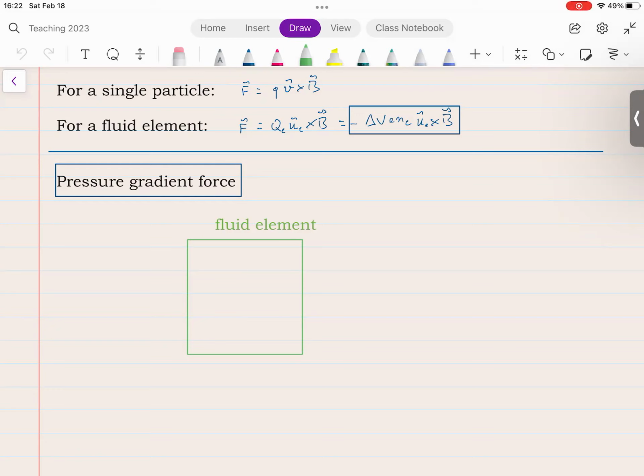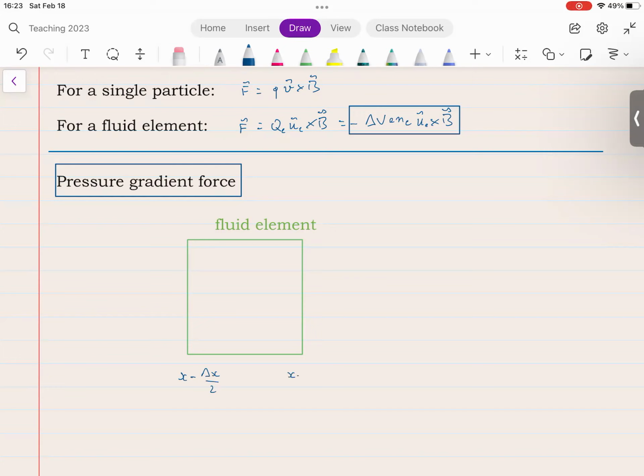Now let's look at our particles. Let's say a single particle now moves with some velocity. This position is going to be, you just call it x minus delta x over 2, where delta x was the size of the fluid element in the x direction.